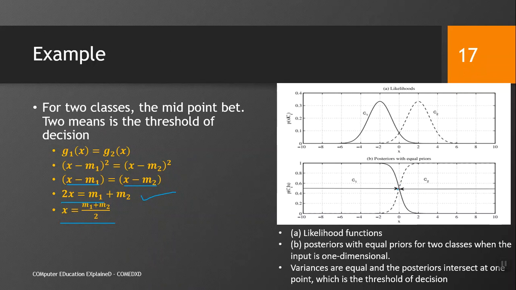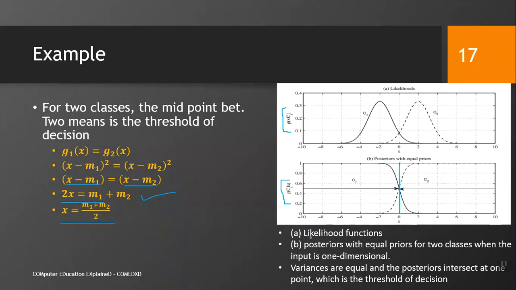Let's say that this is C1 and this is C2, posteriors with equal priors. These are the likelihoods. So this is the decision boundary for our posteriors, right? Here you can see that this is the formula of likelihood and this is the formula of posterior.